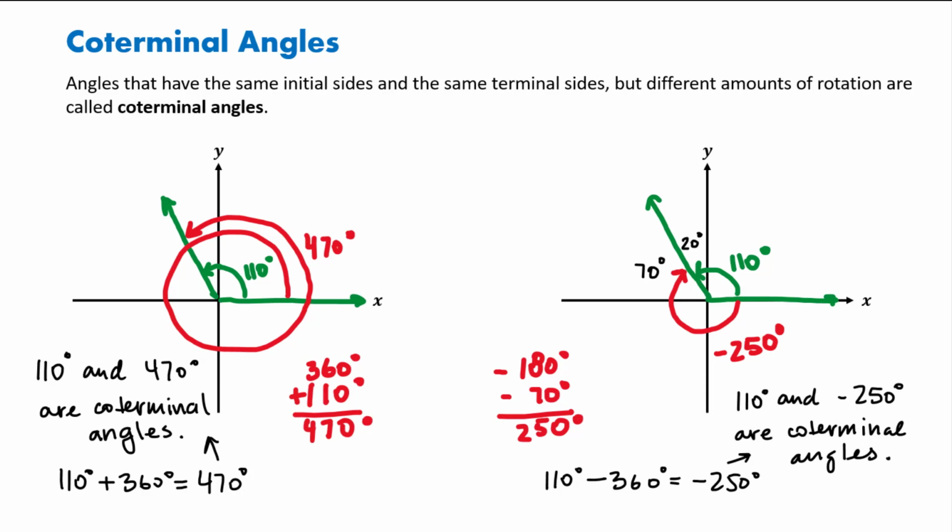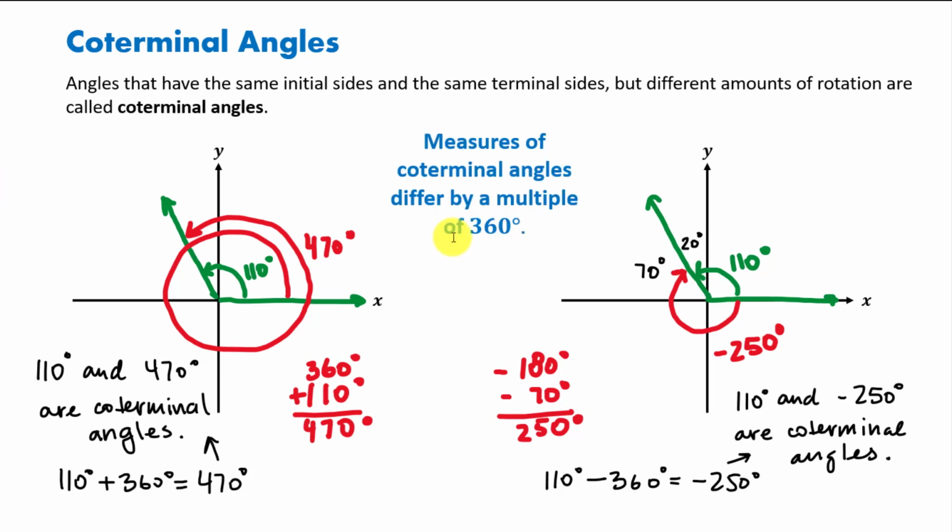We already figured it out. But then I can keep subtracting 360 again and again and getting more and more coterminal angles. So, long story short, measures of coterminal angles differ by a multiple of 360. Multiple means that you can add or subtract 360 so many times, 1 time, 2 times, 3 times, and every time you do that, you're going to obtain a coterminal angle.